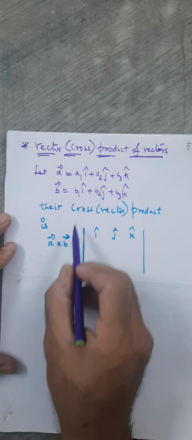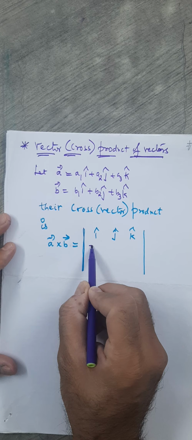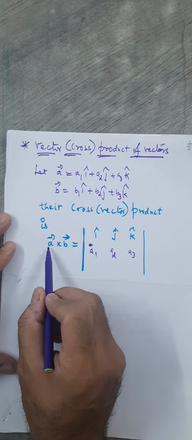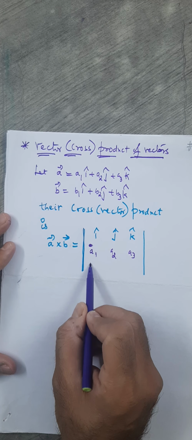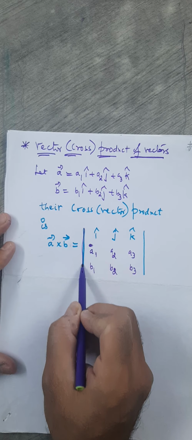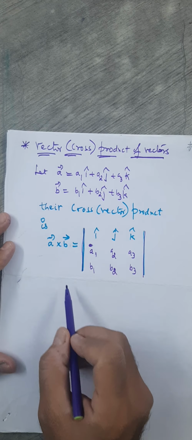What about the second row? That is A1, A2 and A3, the components of A. What about this? B1, B2 and B3. This is the definition of the cross product of two vectors.